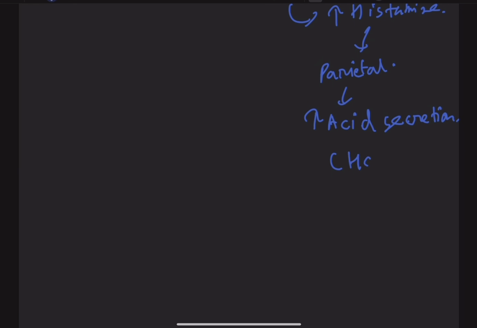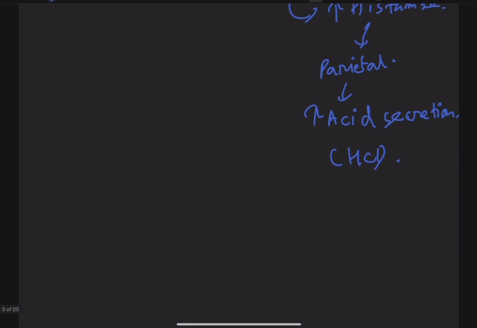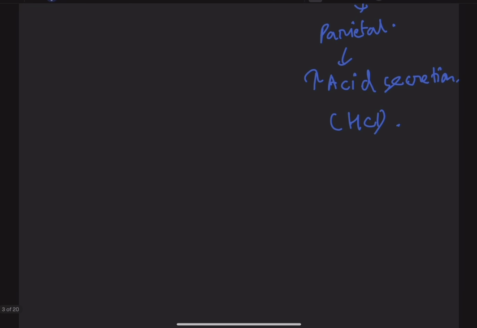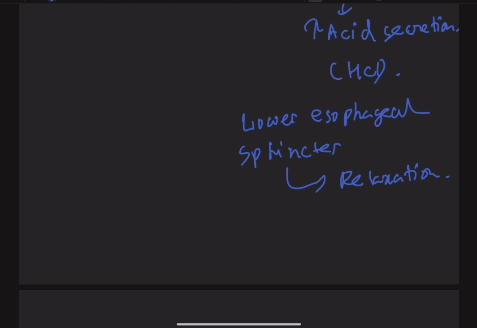Okay, acid secretion or HCl secretion, we know. They're also located in the lower esophageal sphincter, and in the lower esophageal sphincter, they cause relaxation of the lower esophageal sphincter.